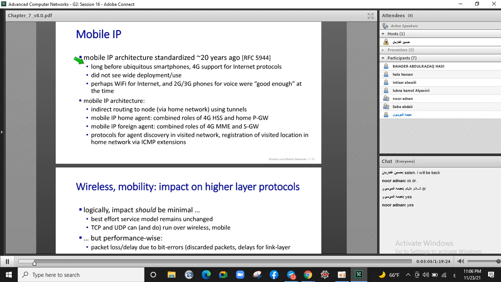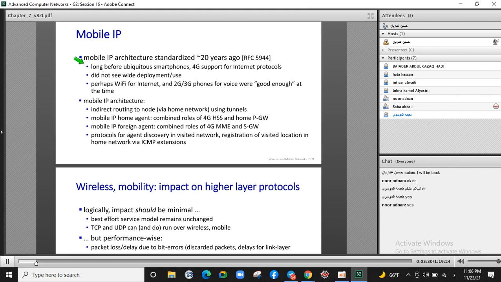But as we see, during the past 20 years, mobile IP wasn't widely deployed around the world. Why?